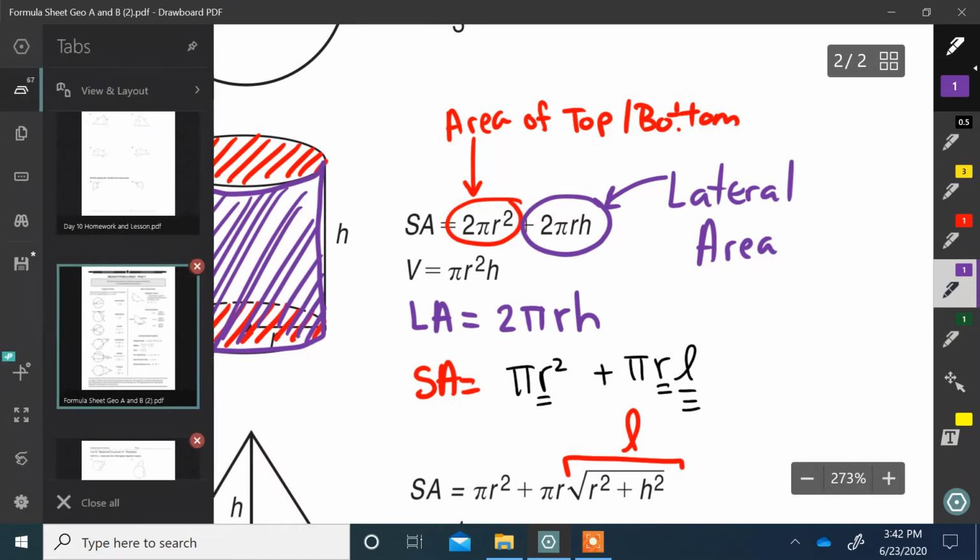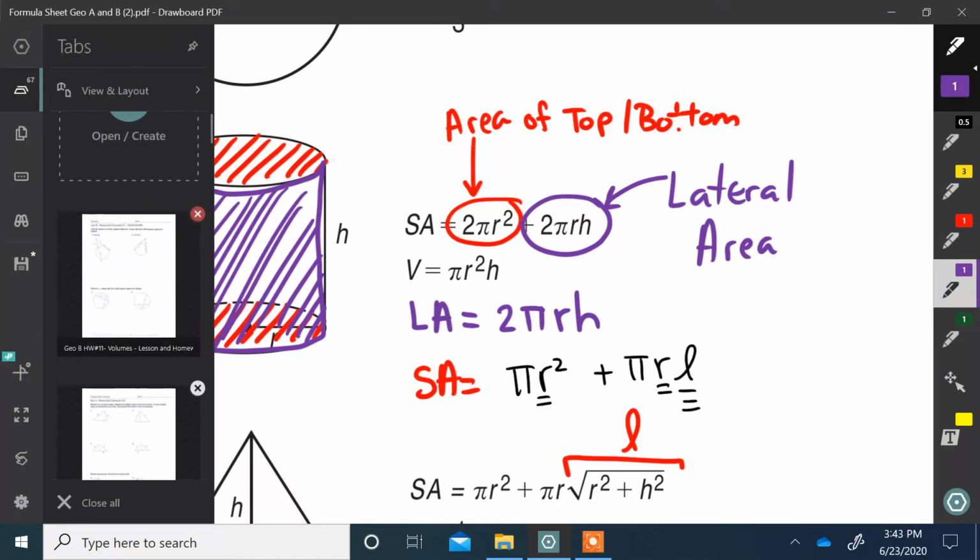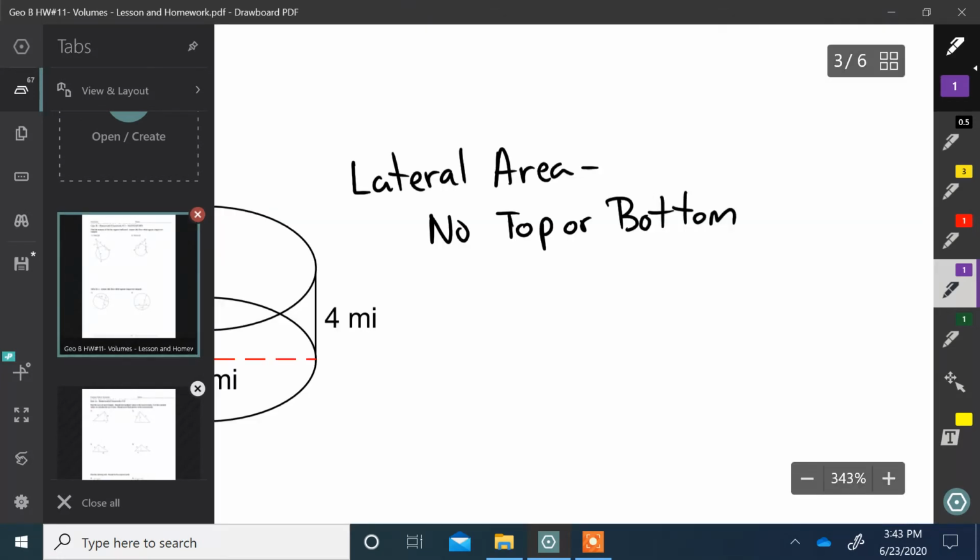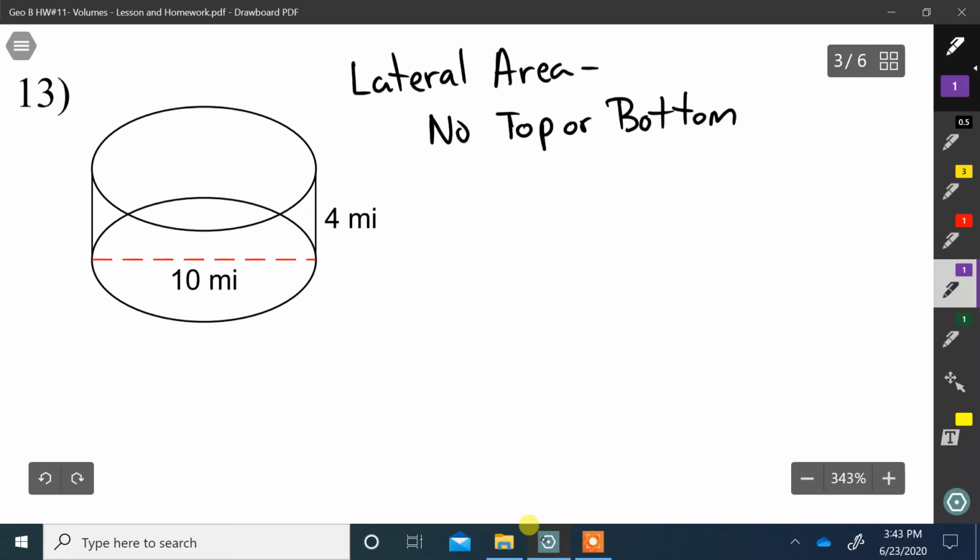So let's go ahead and go back to our worksheet. Okay, and the lateral area for a cylinder is 2 pi RH.